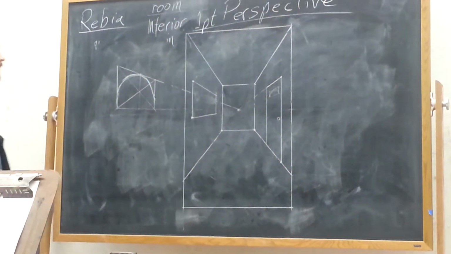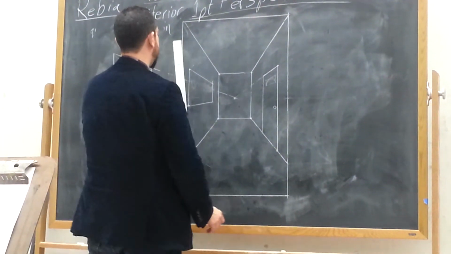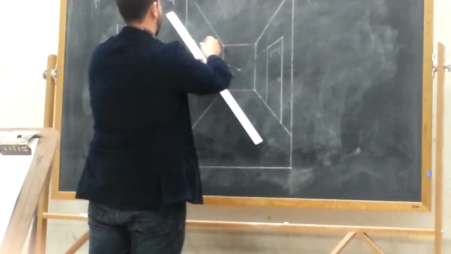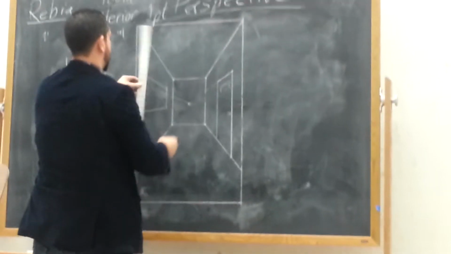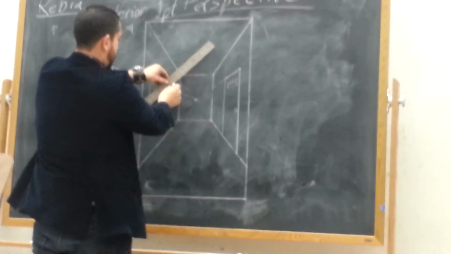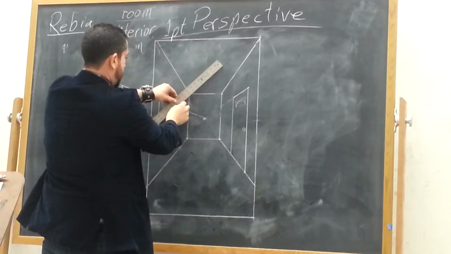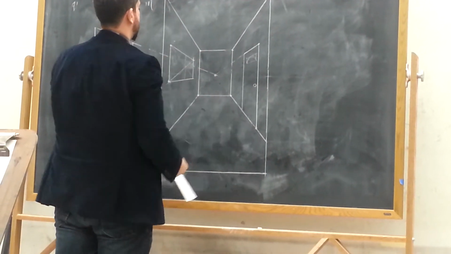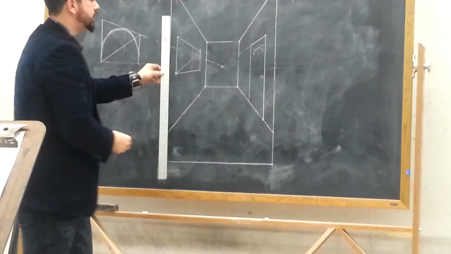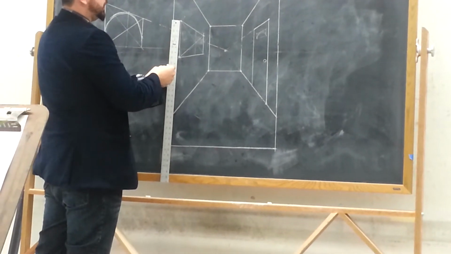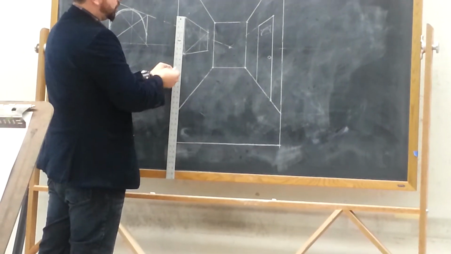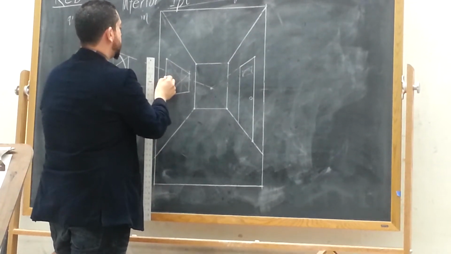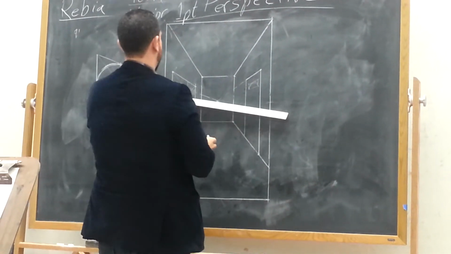Alright. Now we could also find the center. And then the center of this, you basically just measure. What, 7 inches, 3.5? Okay, I could divide too. Alright.